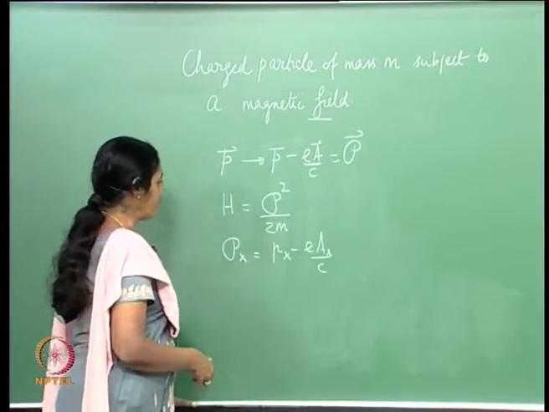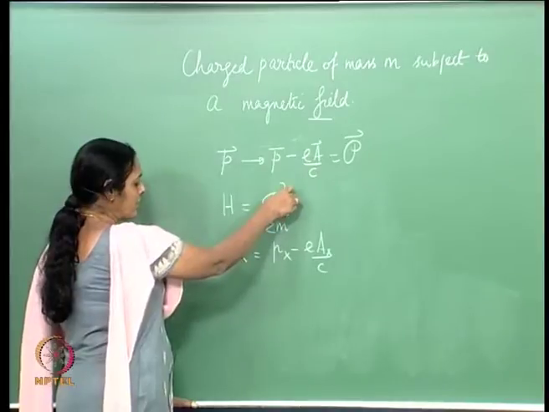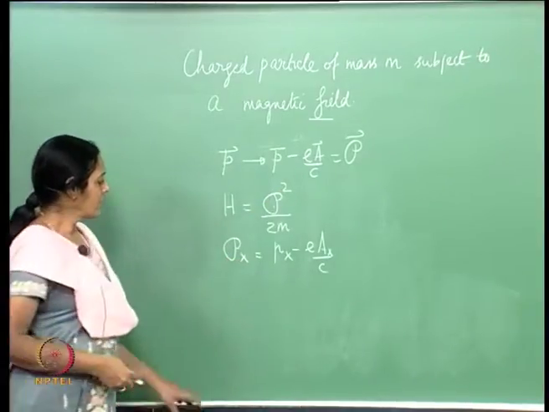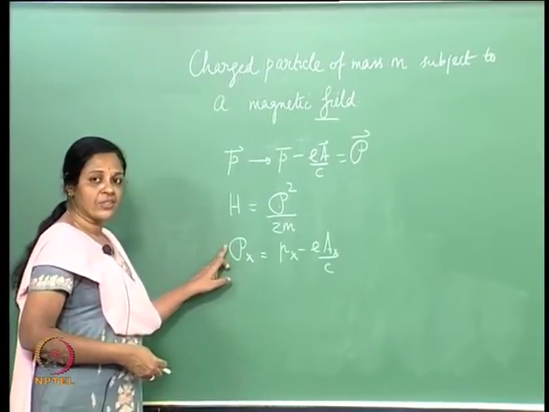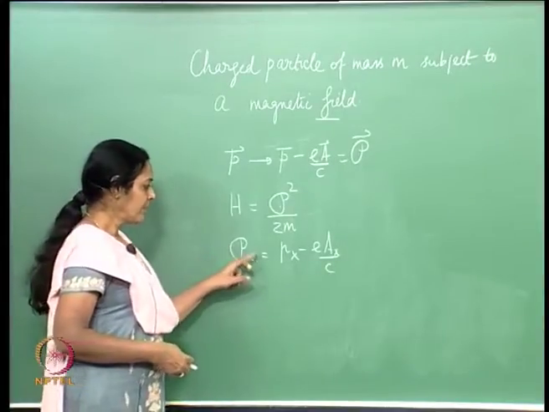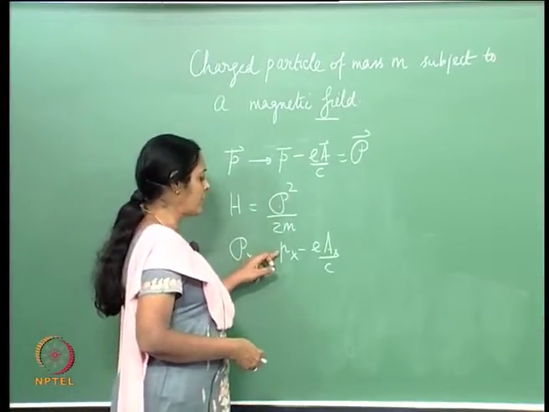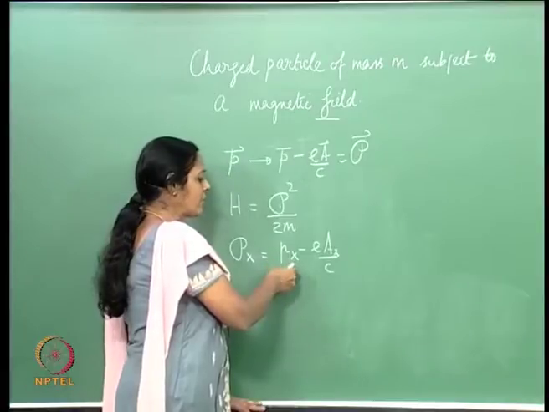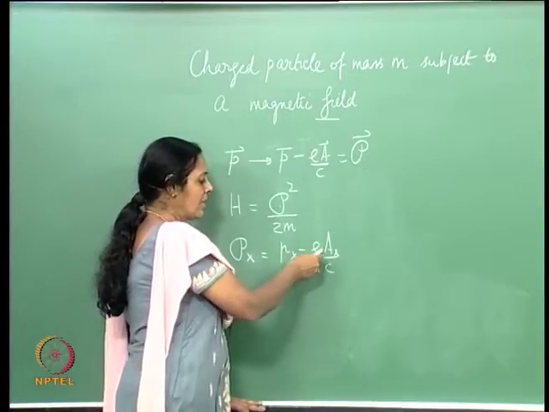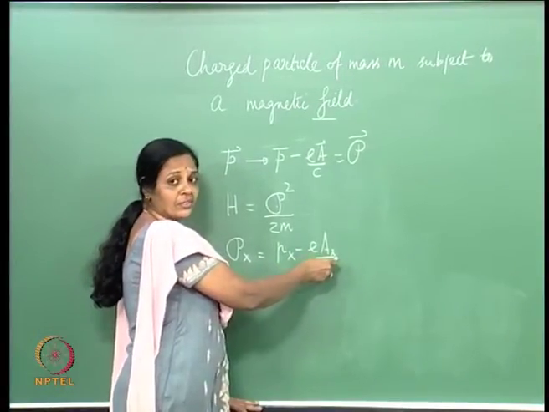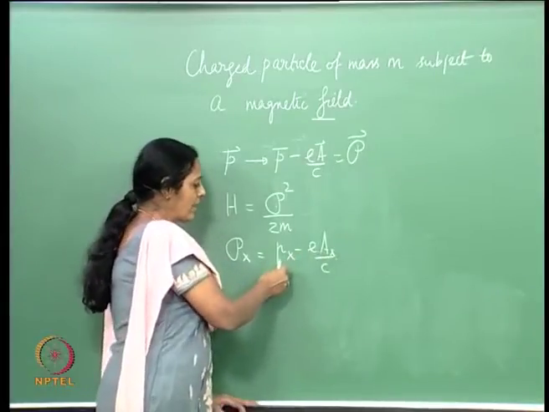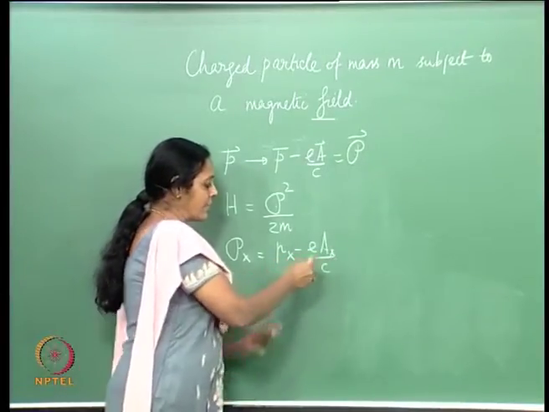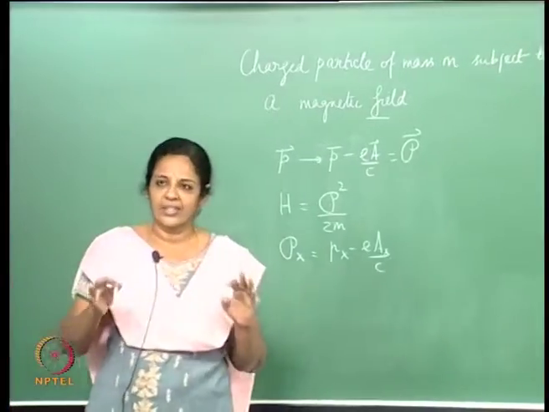The point is the following: when I do a P squared, it obviously involves Px squared, Py squared and Pz squared. In terms of the linear momentum of the particle, it would involve the square of the linear momentum of the particle and also the square of the vector potential. So, I have little p squared and little A squared in the Hamiltonian when I expand it.